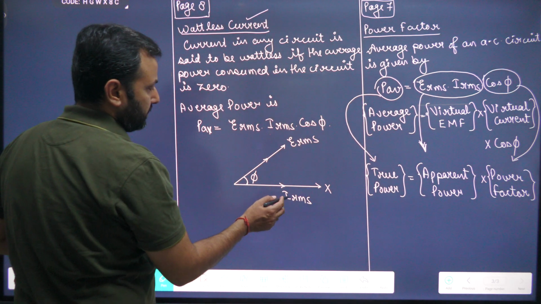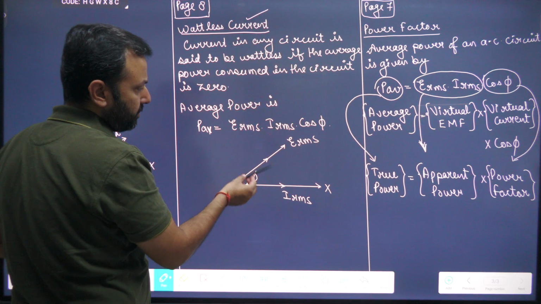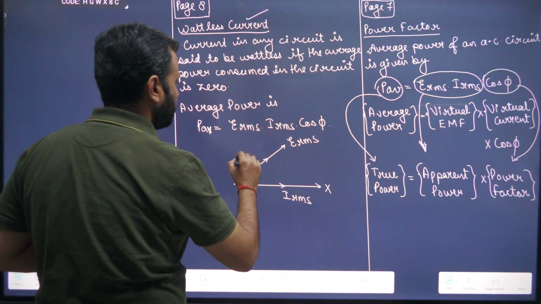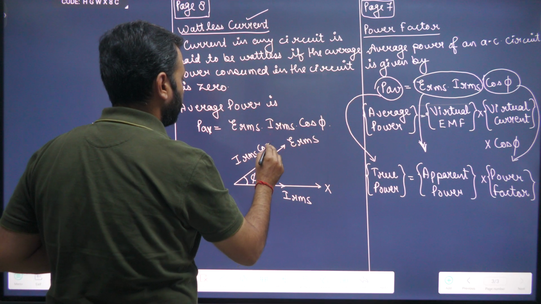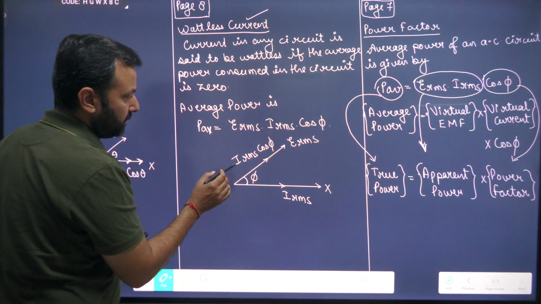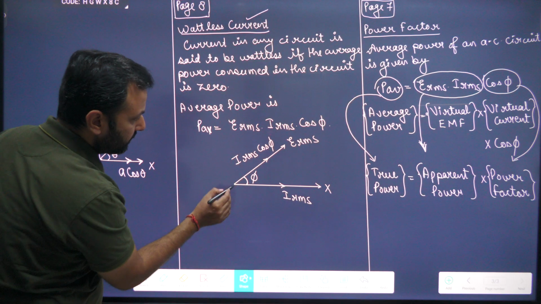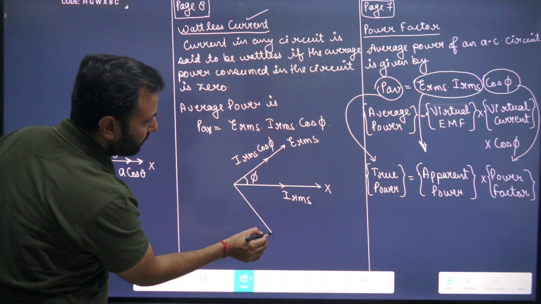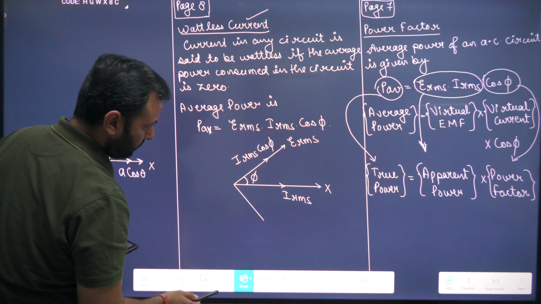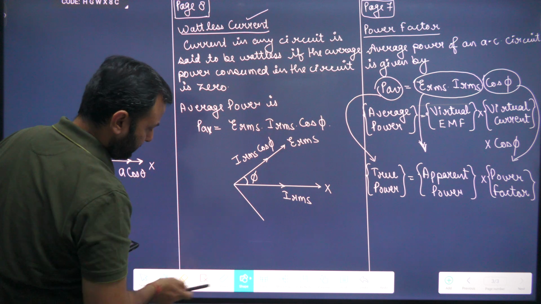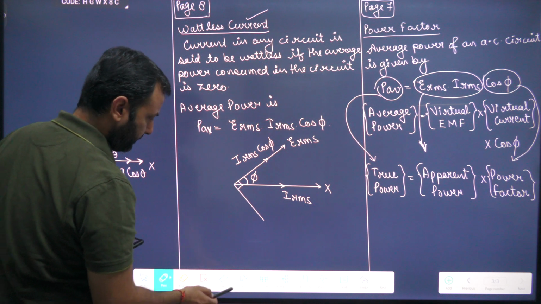In the same way, this is IRMS, and the along component is IRMS cos phi, and if I take perpendicular to IRMS cos phi, it will be like this. This angle is 90 degrees.